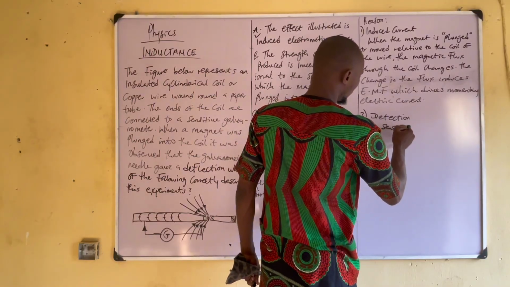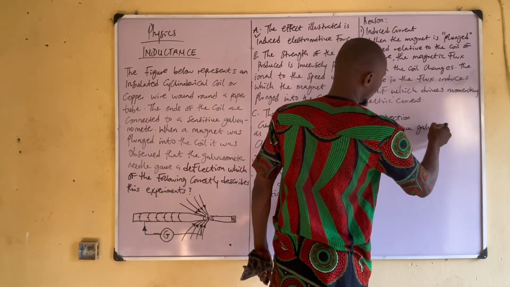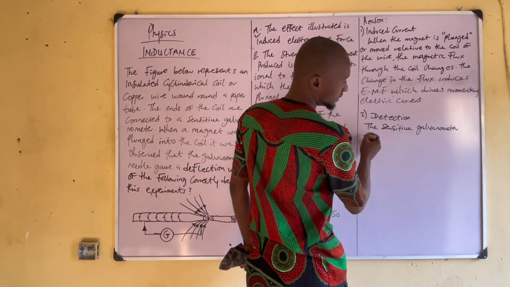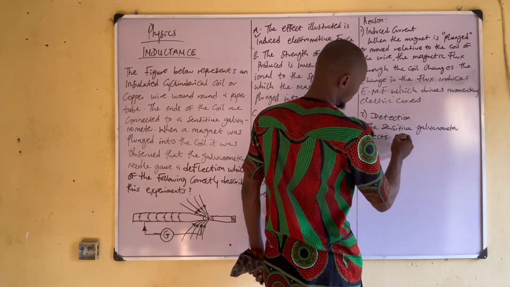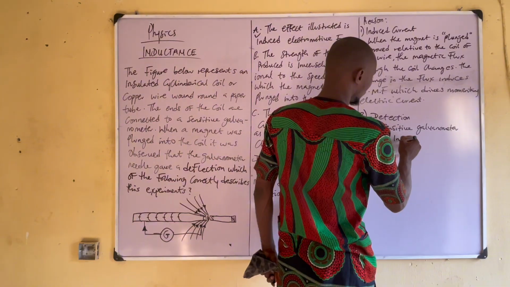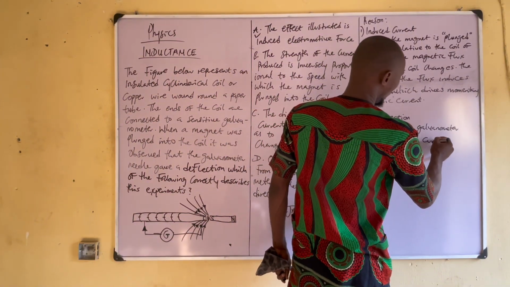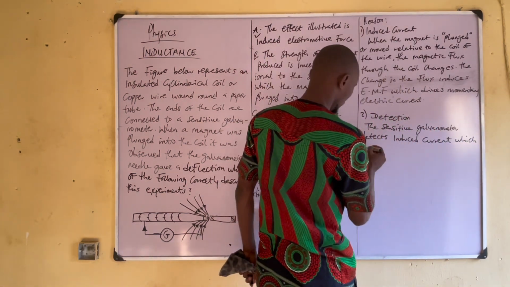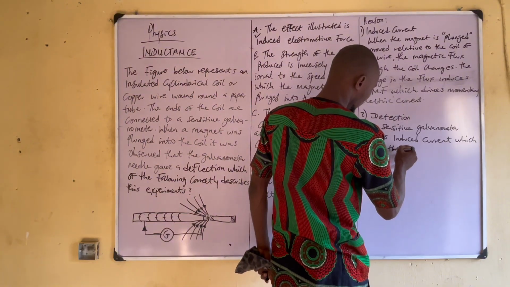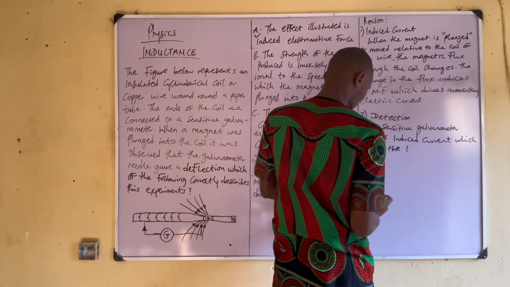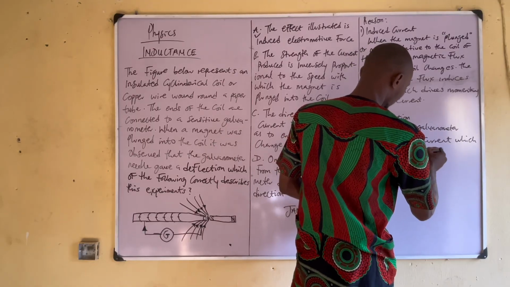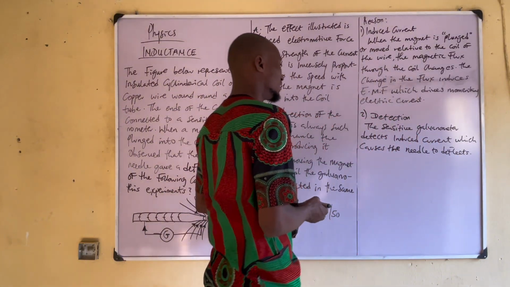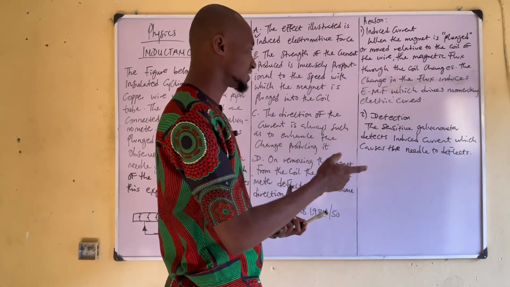Here you see that the sensitive galvanometer detects induced current, which causes the needle to deflect.